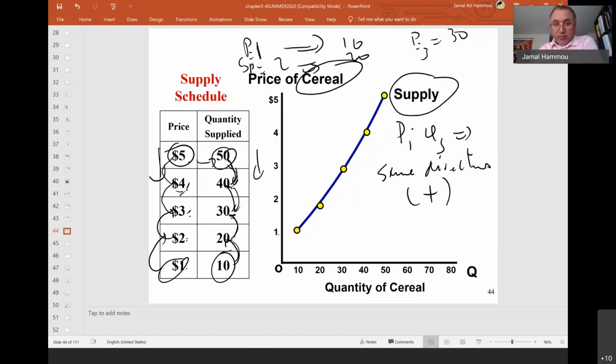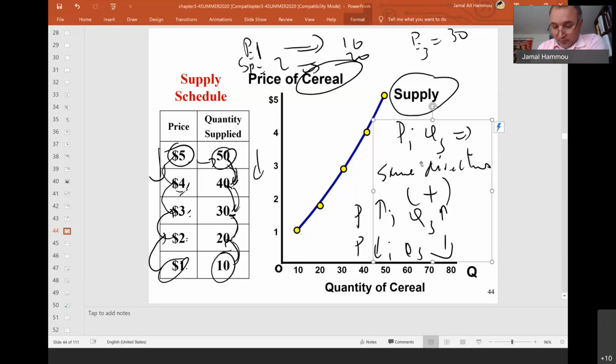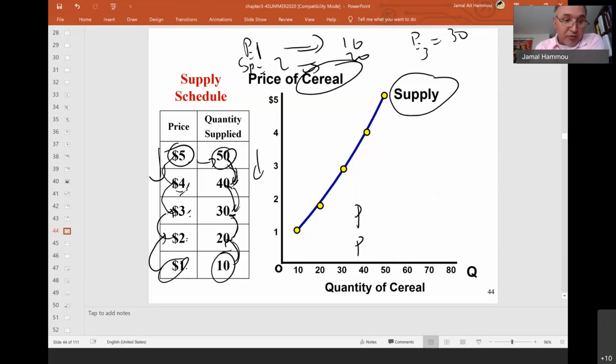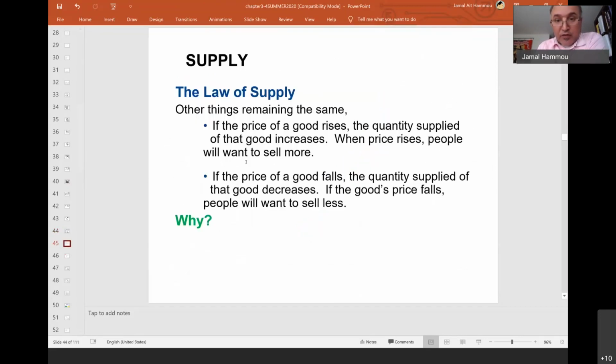If the price goes up, the quantity supplied goes up. If the price goes down, the quantity supplied goes down. So that's the law of supply. The law of supply says if the price of a good rises, the quantity supplied of that good increases.